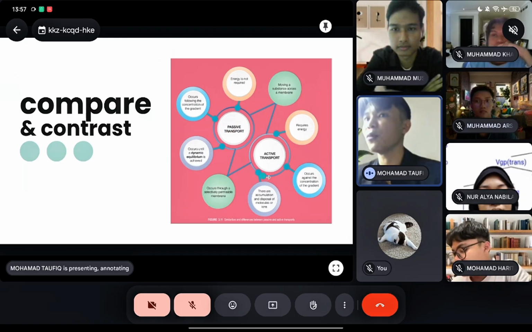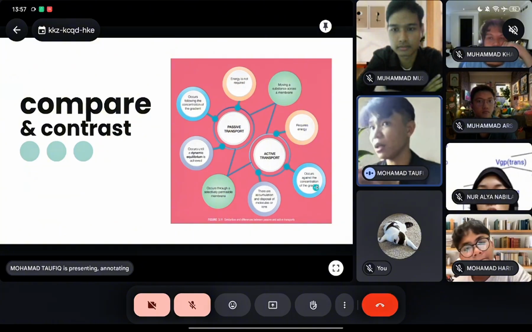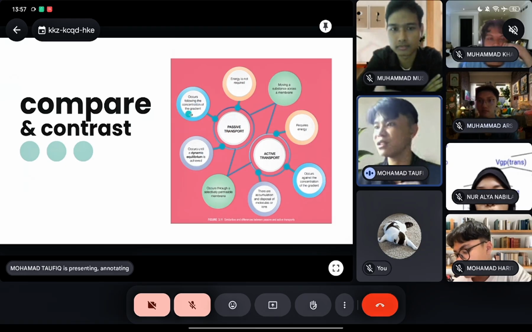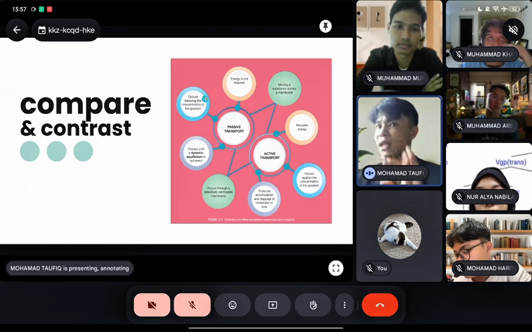The differences. Active transport requires energy, and passive transport does not require energy. Why? Because active transport occurs against the concentration gradient, and passive transport occurs following the concentration gradient.